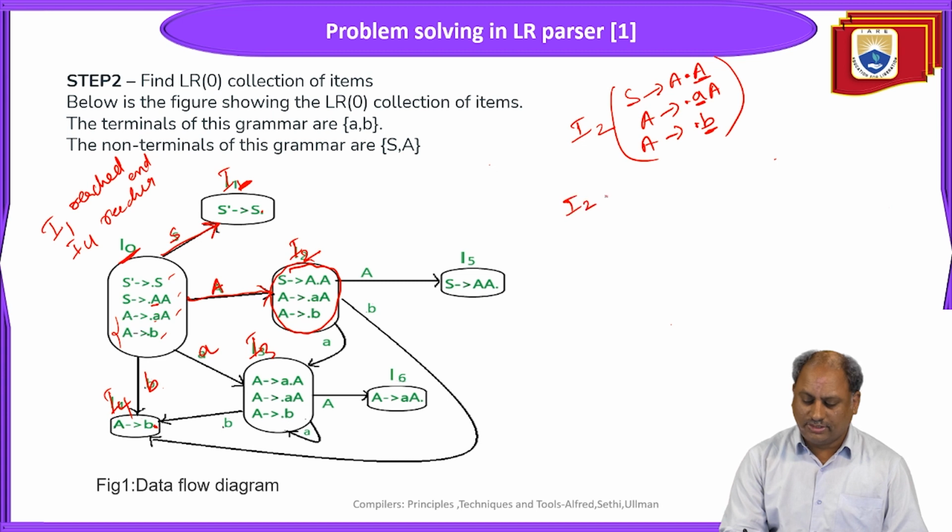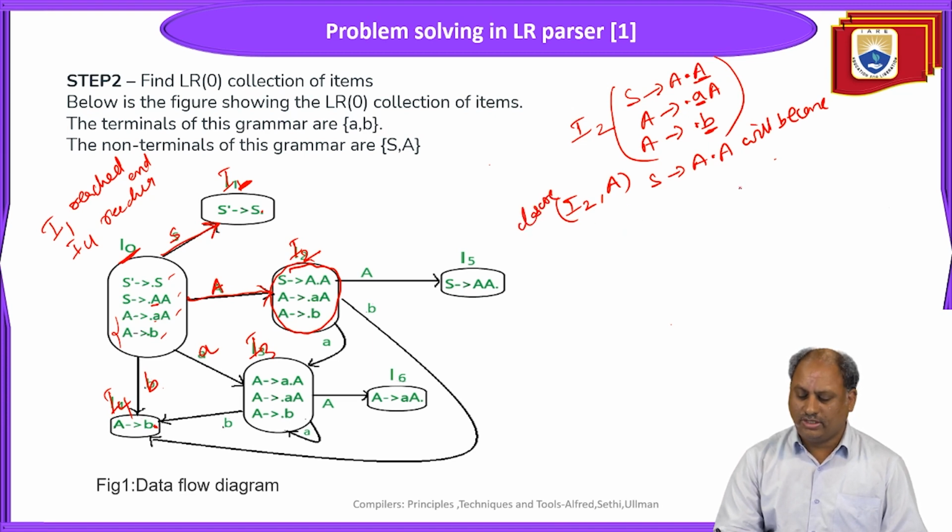After performing I2 comma capital A with this, A dot A will become, if you perform the closure operation of I2 with A, this production will become S derives A dot. So it reaches the end symbol, and we can place it as I5. We have processed I5 and we stop this procedure, because at this state there is no further input processing and no further variable appears.